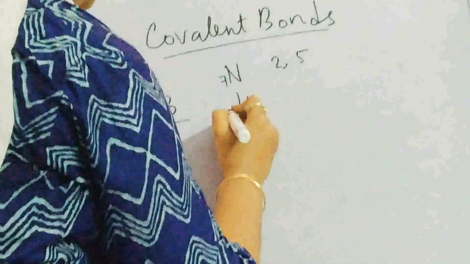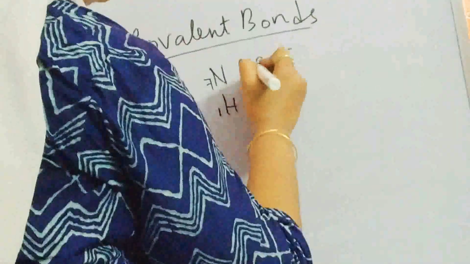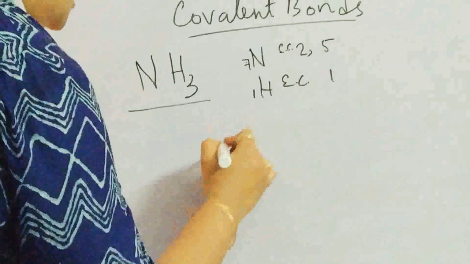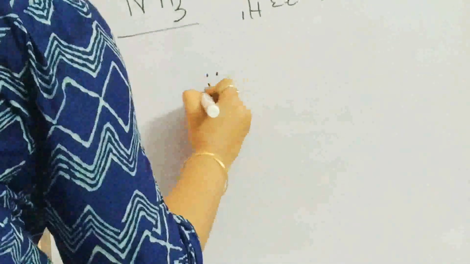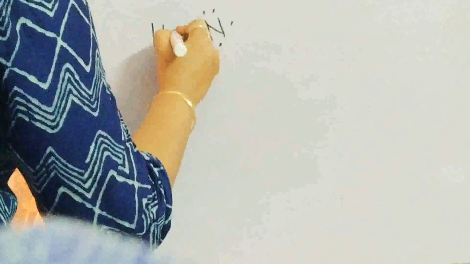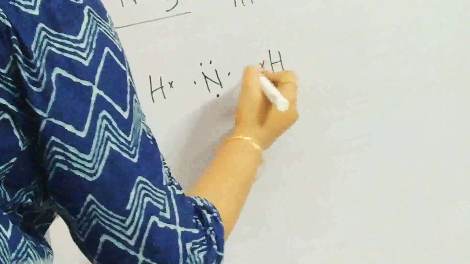Hydrogen, atomic number 1, electronic configuration 1. Now nitrogen, how many electrons are there? 5 electrons in the outermost shell: 1, 2, 3, 4 and 5. For hydrogen, I am putting a cross sign to represent the electron.